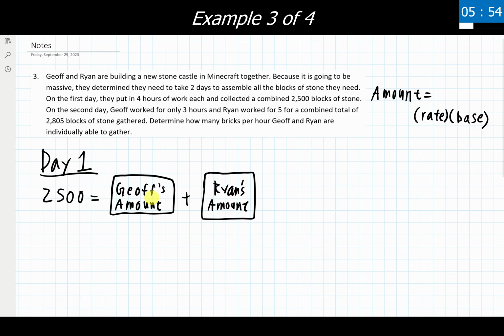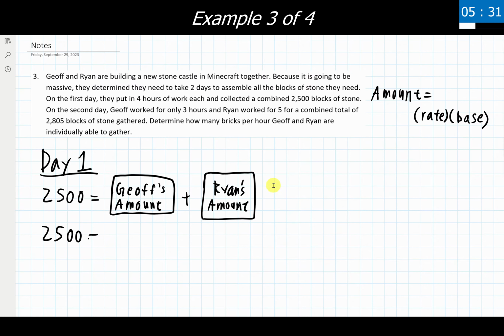Do I have any more specific information about the amount of stone that Jeff collected? Well, we are told that he did work for 4 hours. That could be the base here, but I don't know the rate that he gathered stone at. Turns out that that's actually what we're solving for. So I can slightly modify my overall equation, make it a little bit more specific.